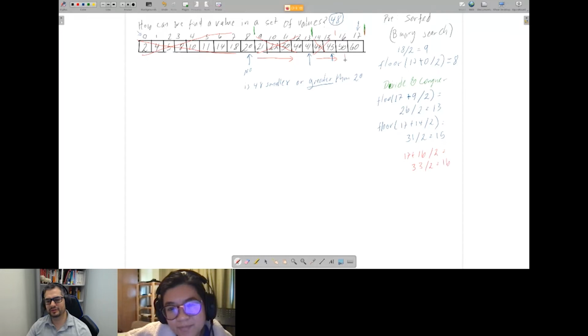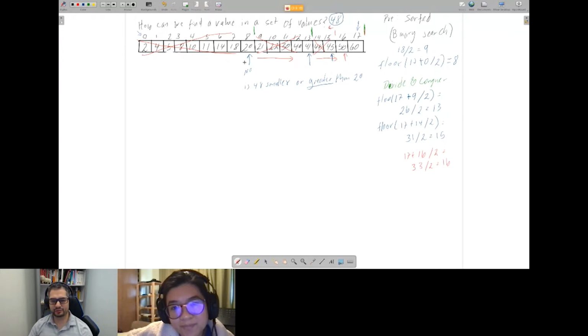So it's this one here. And now we see, 48 is not here, and there's nothing below. So we know this value is not in the set.